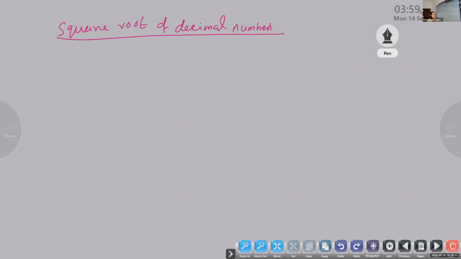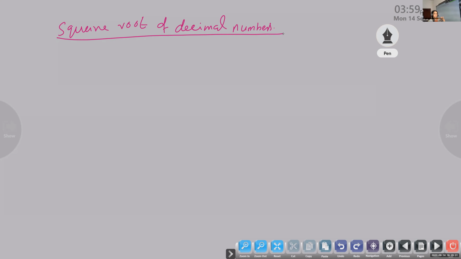Also, I sent the steps through WhatsApp today. Did you see? No, ma'am. Okay, I will send the steps of finding square root using the division method.